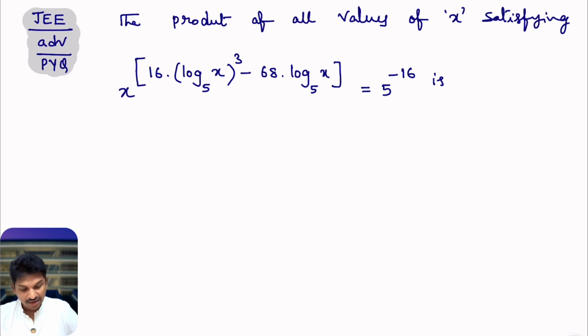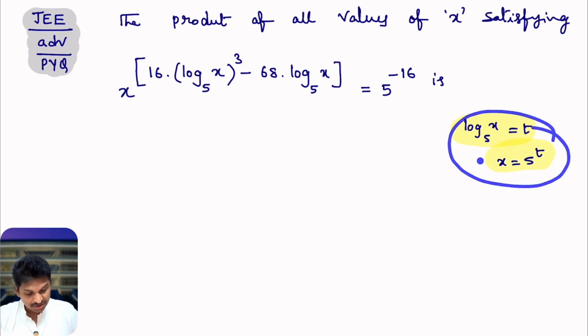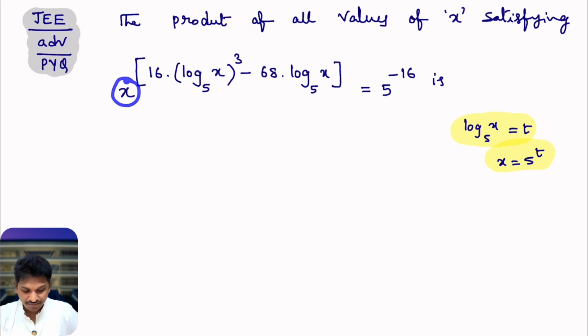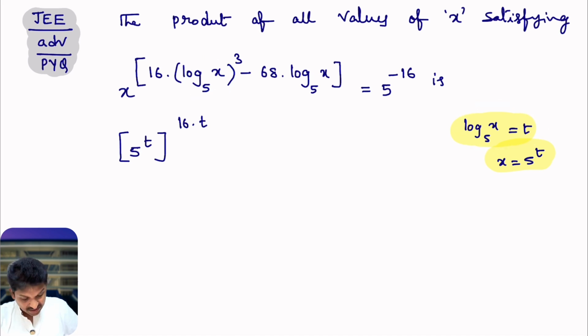Here what I'll do, I'll take log x base 5 equal to t. From the definition of logarithm, x equal to 5 power t. Now I'll substitute these in this equation. In place of x, I'll write 5 power t. 5 power t whole power 16 into log x base 5, that is t. t power 3 minus 68 into t equal to 5 power minus 16.